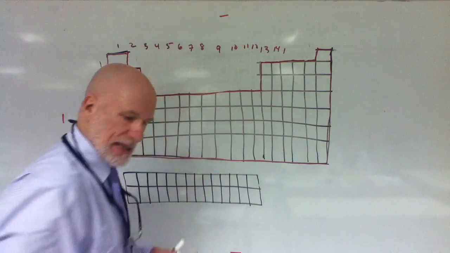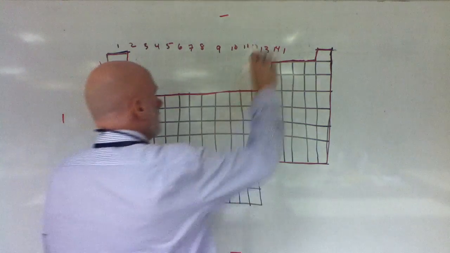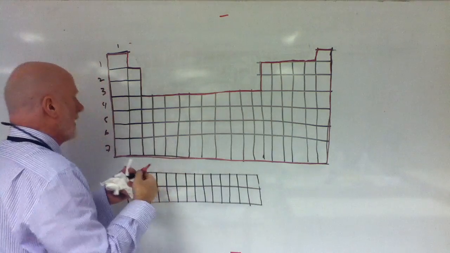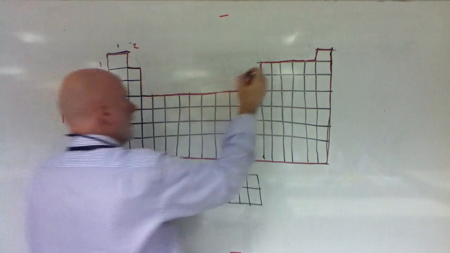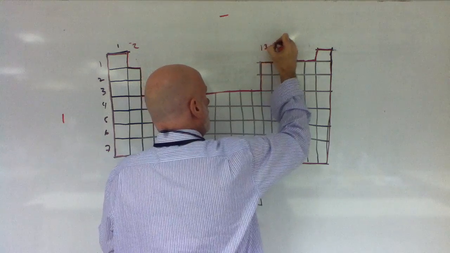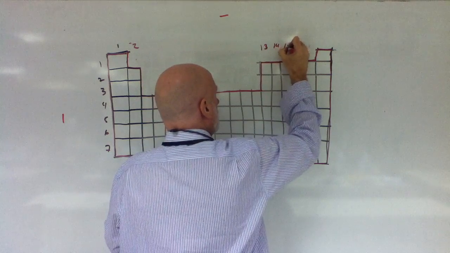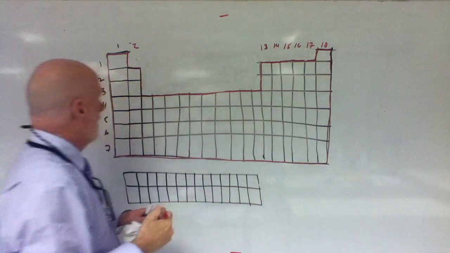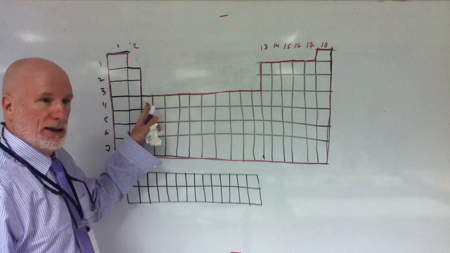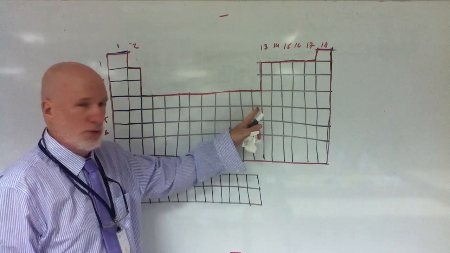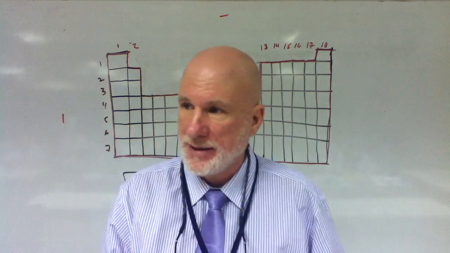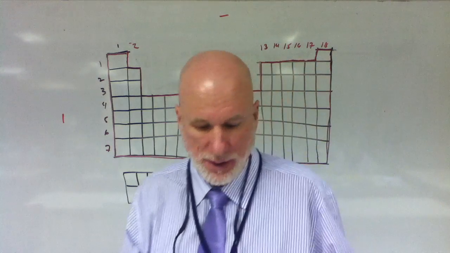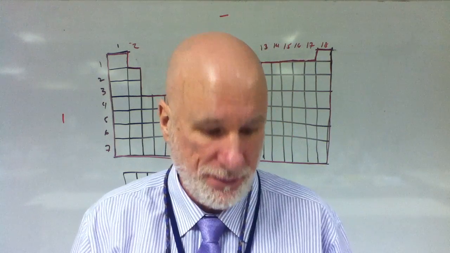You know what, that looks very sloppy. Let's do this instead. We're going to label this as 2, and then we're going to label this as 13, 14, 15, 16, 17, 18. And this is going to be 3 through 12. So that's 10 columns here. Clear? Are we all set with that?